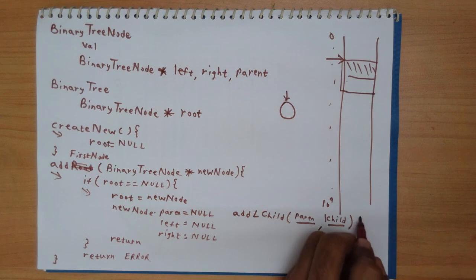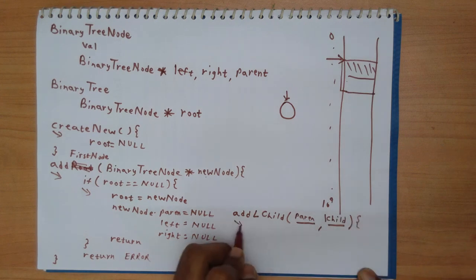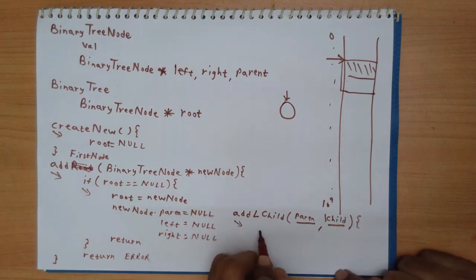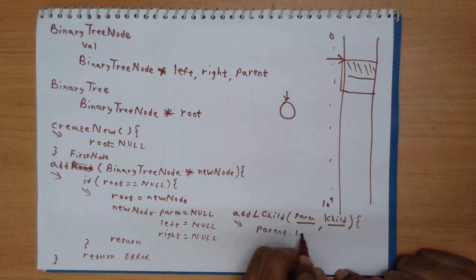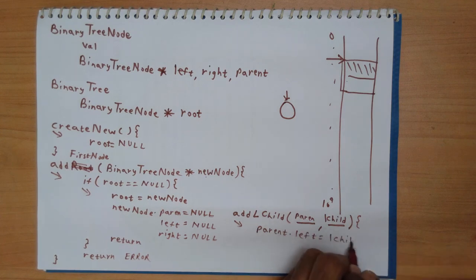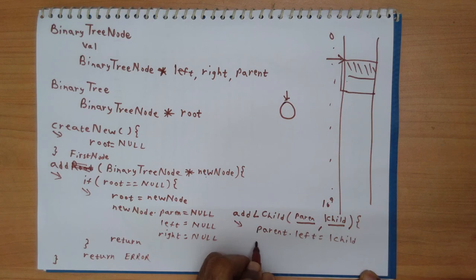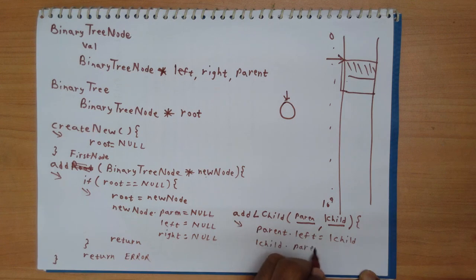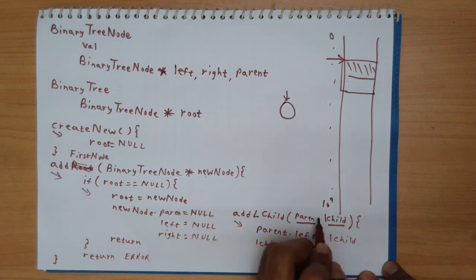And what this function should do is simply go to the parent and say that parent dot left will be equal to L child, and similarly L child dot parent will be equal to the parent.